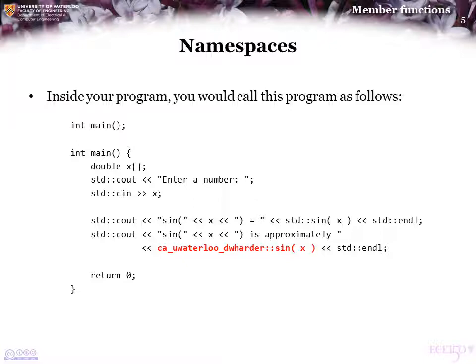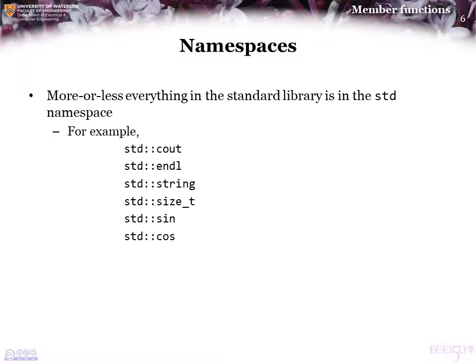All right, so at this point you should understand how the sin function is defined inside the standard library. It is defined within the namespace std or standard. Now, more or less everything in the standard library is in the standard namespace.